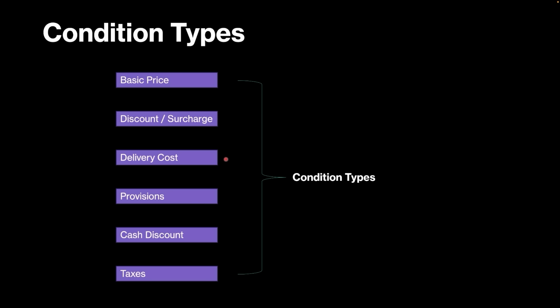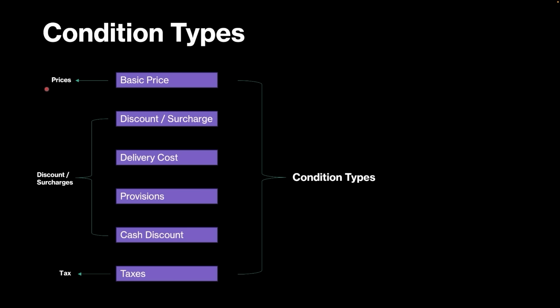These condition types are basically the building blocks based on which you will configure the pricing of your material. Okay, so you can see each of these pricing elements will be configured in the system in the form of condition types. And each of these conditions can be broadly categorized under these three categories.